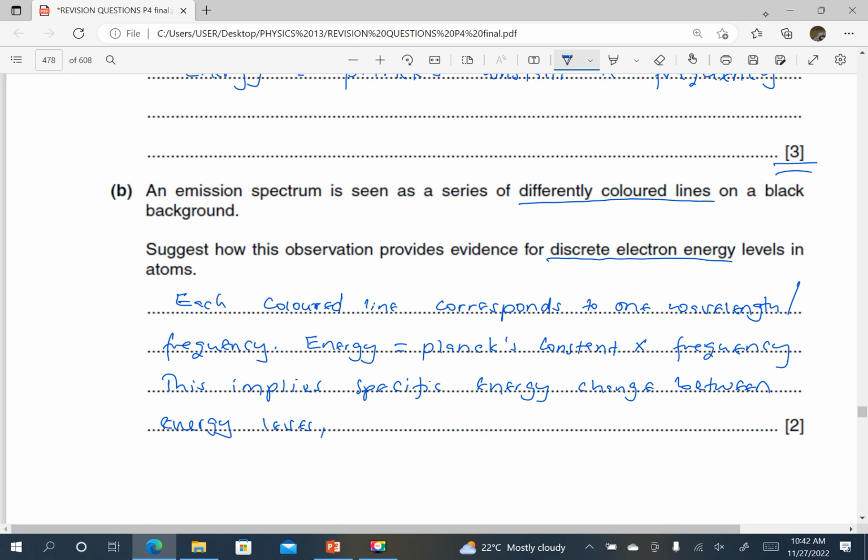So we can conclude that there are discrete energy levels.